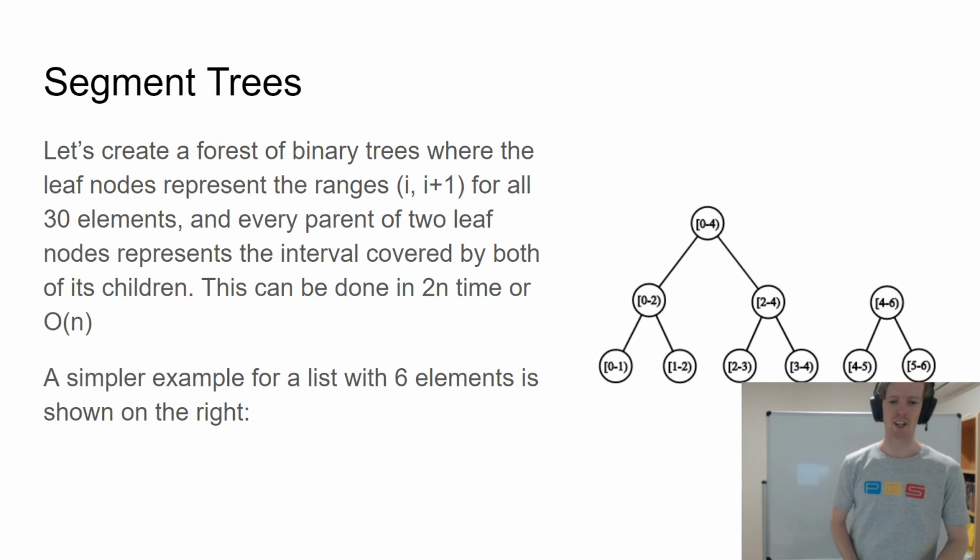Okay, so let's create a forest of binary trees that represent these partial sums, or binarily increasing sums. So if we have a list with 6 elements, then our forest of binary trees will look like this, where we can represent any sum between any two indices with values from these nodes.